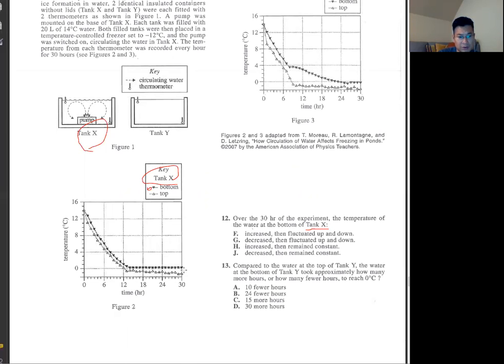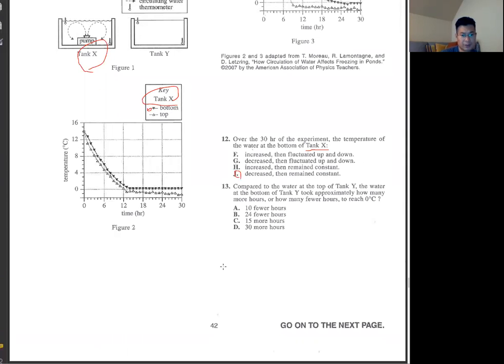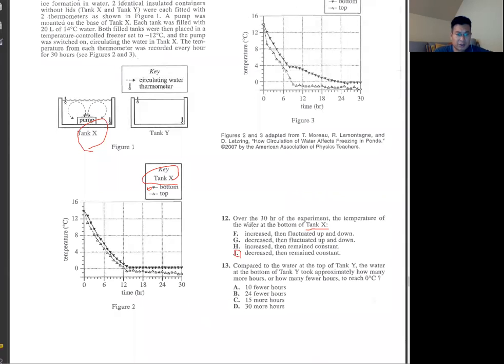But then compared to the later part, once it hits 0, it just stays the same at 0. That's why it's J.